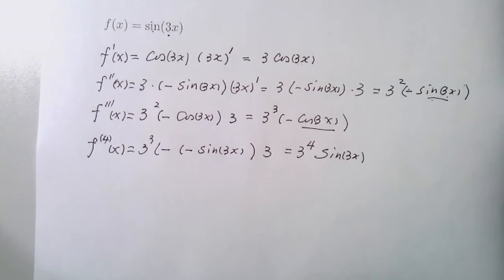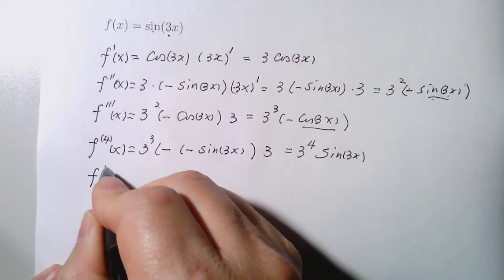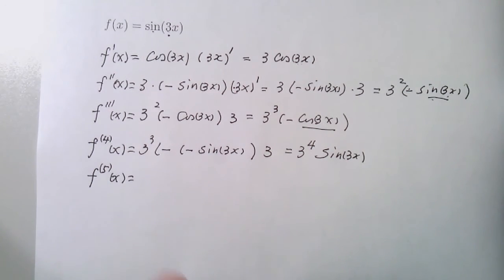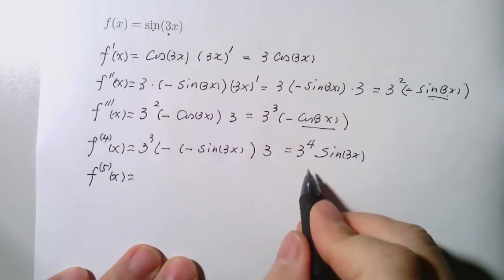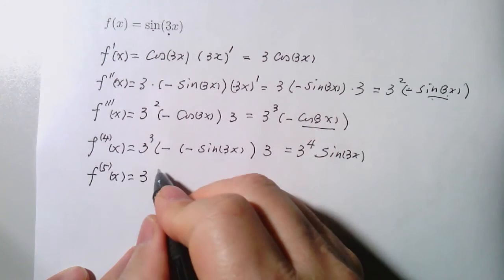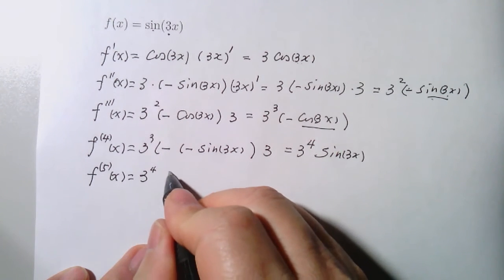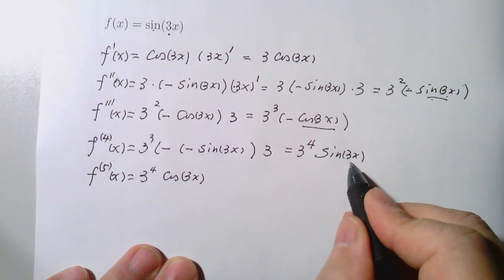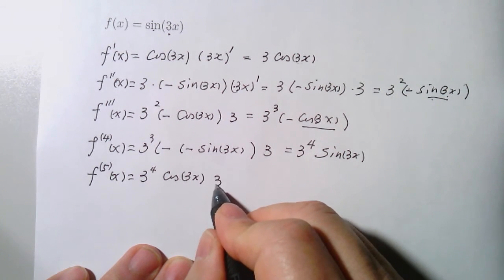And it seems we still don't have the pattern here. Let's take a look at one more. The fifth derivative: you have 3 to the fourth times cosine 3x, and the 3x derivative gives another 3.